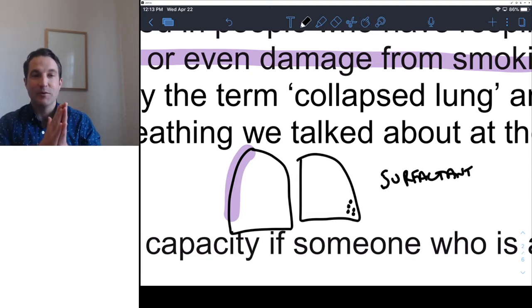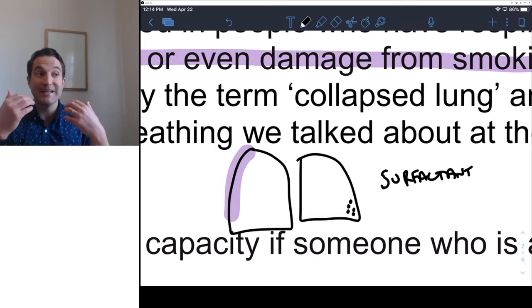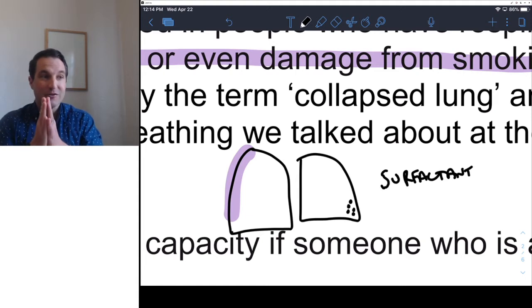Well, that's exactly what happens in a collapsed lung. All of your alveoli deflate. There's surface tension created between the sides of all of the alveoli. So then if you try to breathe in again, you cannot inflate those alveoli because there's that resistance provided by the suction in there. So having a collapsed lung is a very dangerous situation.